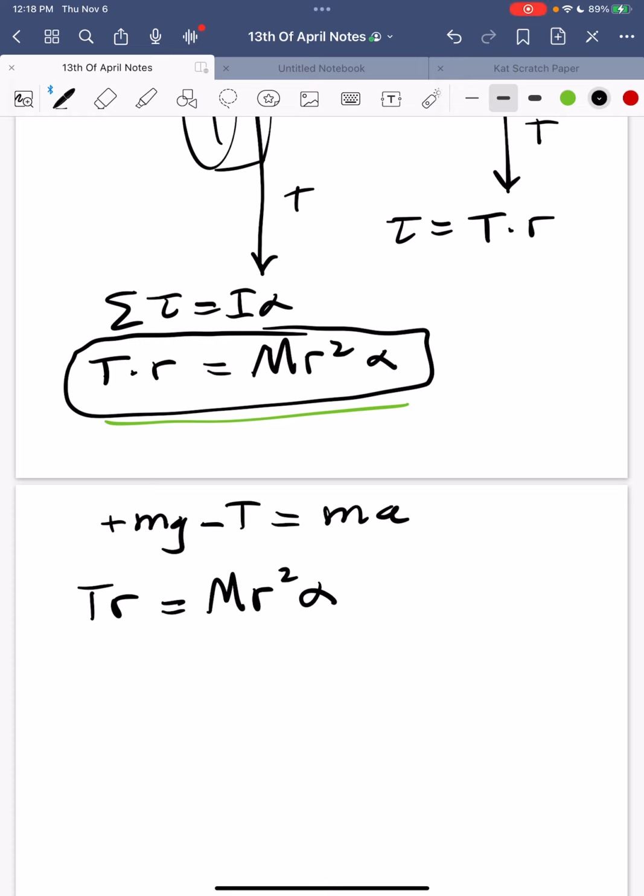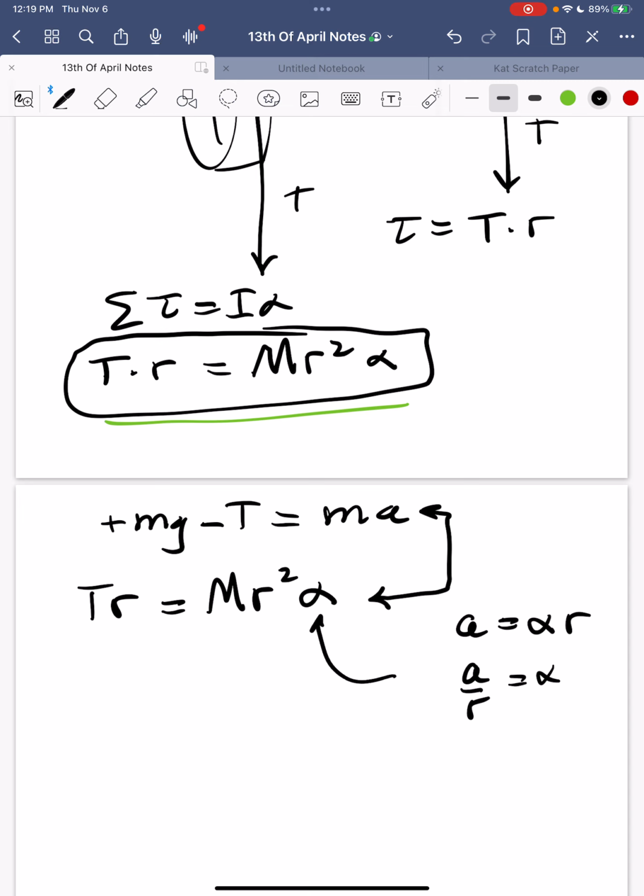Now, this is the standard disagreement problem that we have. We've got a in one equation, and we've got alpha in another. And I'm going to have to translate between those two things. And what we know is that linear acceleration is equal to angular acceleration times r. Okay? So what I could do is say a divided by r is going to equal alpha. And now I can perform that substitution right in here.